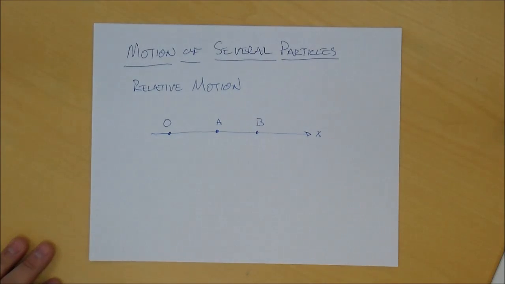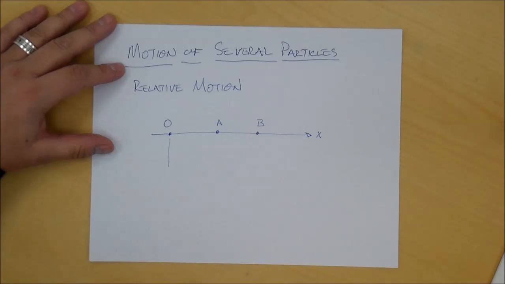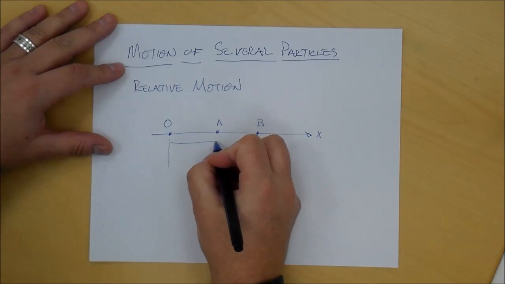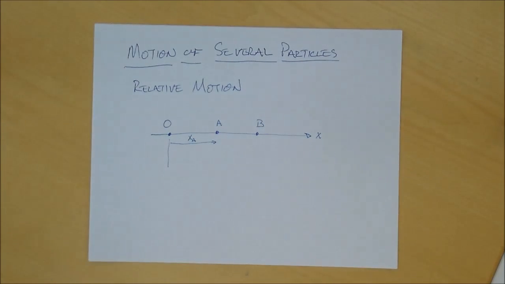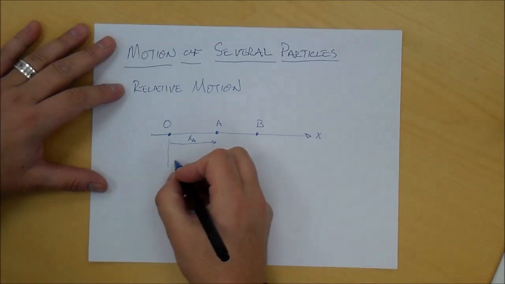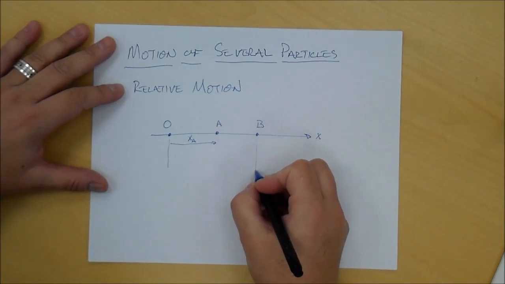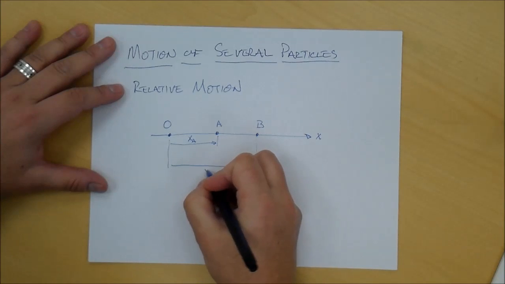This might be, for example, two cars going down a road, or two balls rolling in straight lines, something like that. Well, from our origin, let's look at the position of things. First of all, this is the position of A. We'll use x sub A to denote that position. And then we have the position of B as well, which obviously we will call x sub B.